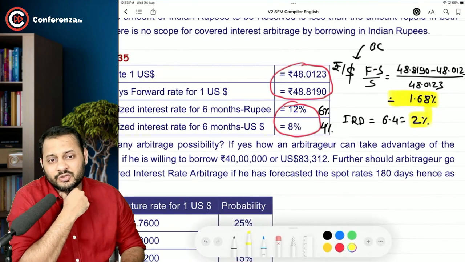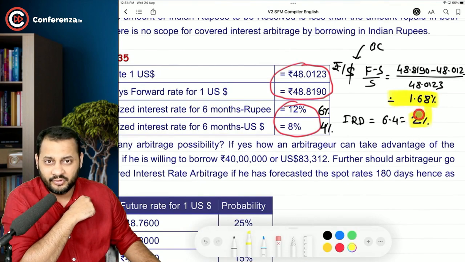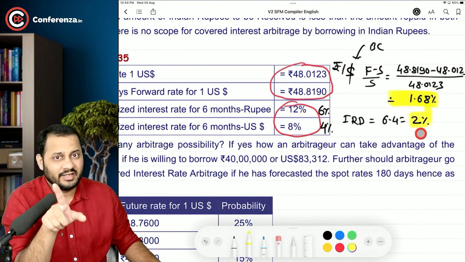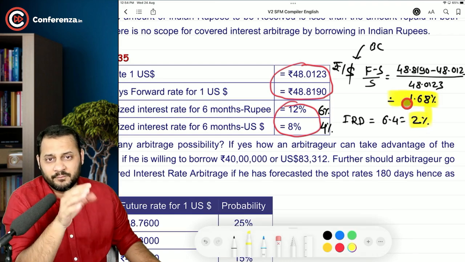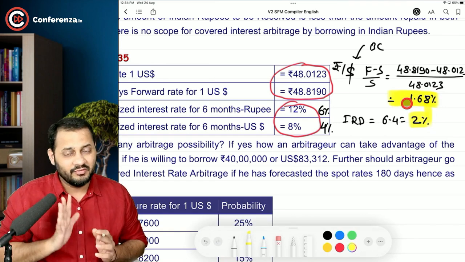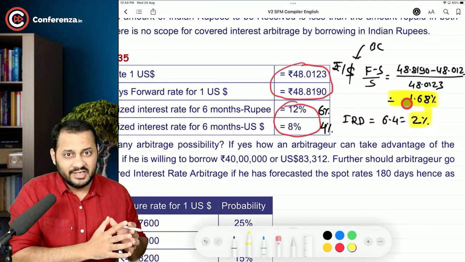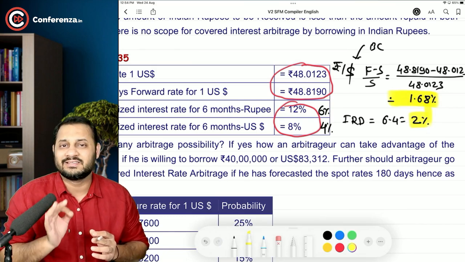So you can see in this question, we are very close to achieving the interest equilibrium point, right? 2% is the target. 1.68% is already the premium in dollar. Let's increase that to 1.70%. Still we will borrow in dollar. At 1.80% we will borrow in dollars because it is a low interest rate currency.